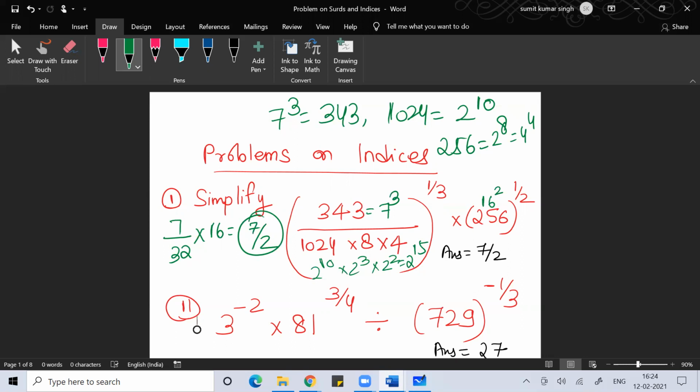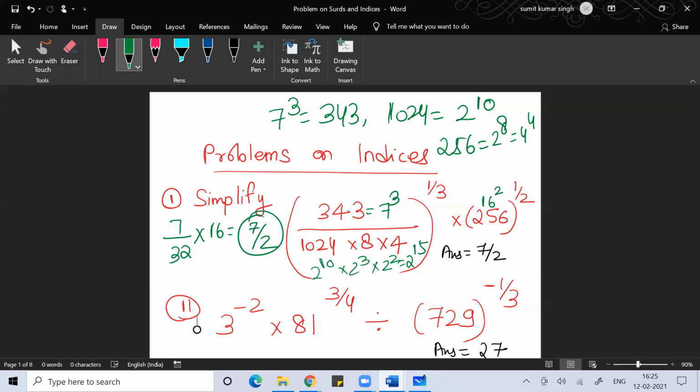You should get the answer 27. 81 you can write as 3 to the power 4. 729 you can write as 3 to the power 6.